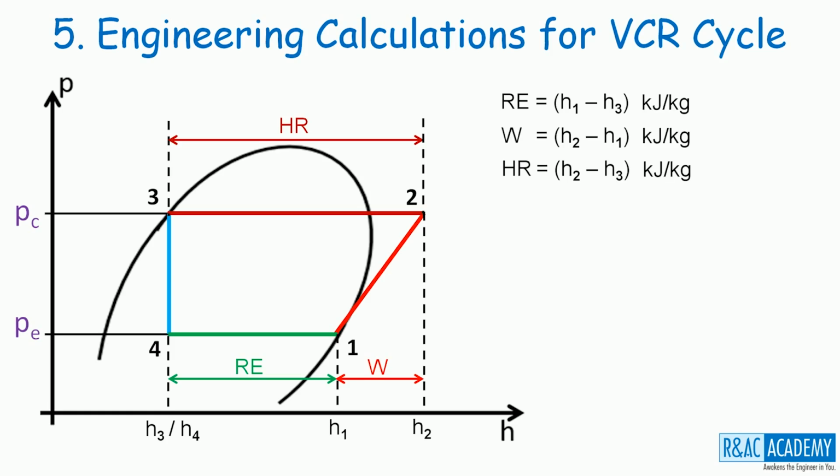And finally, the COP was computed using this expression. Therefore, we can clearly understand from this discussion that if H1, H2 and H3 are available with us, then we can compute everything that is needed here, namely RE, W, COP, etc.